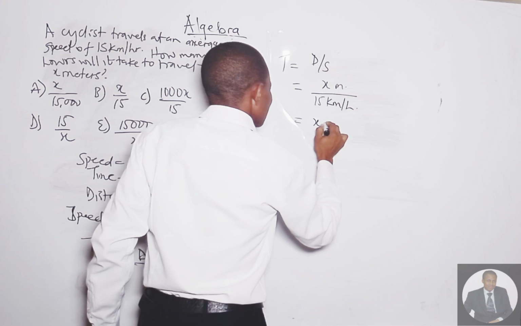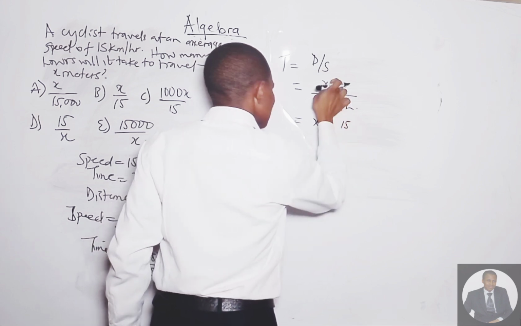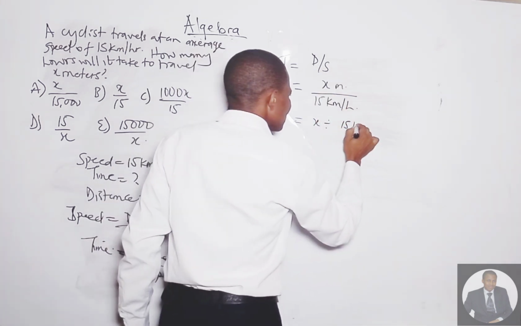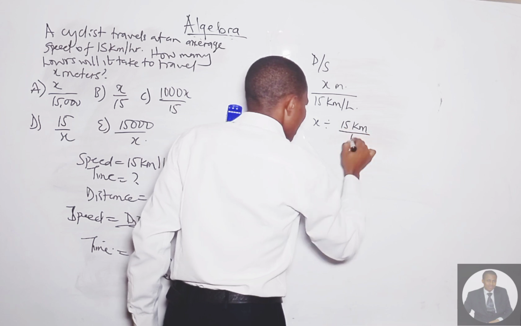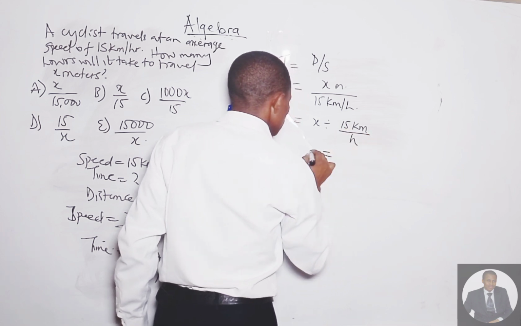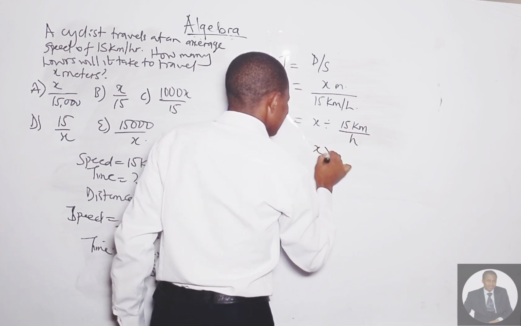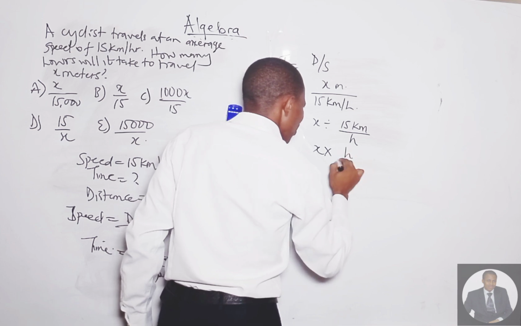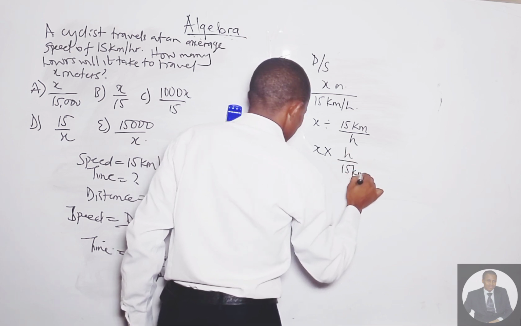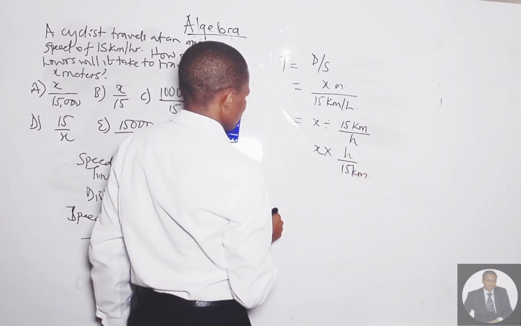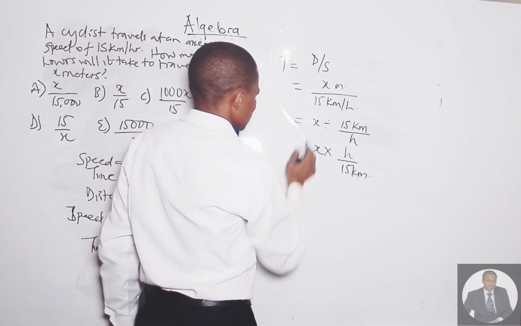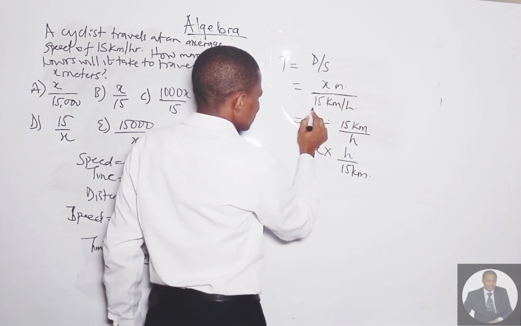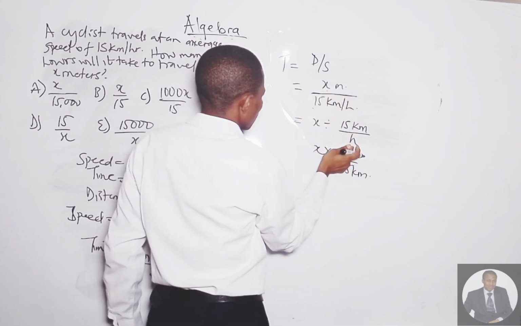X divided by 15, that distance, divided by 15 kilometers per hour. So that will be X times hour over 15 kilometers. X divided by 15 kilometers per hour.